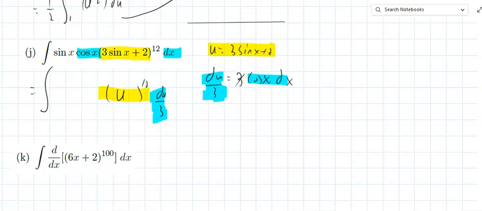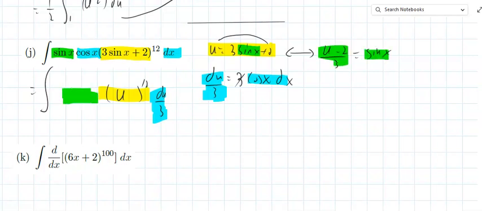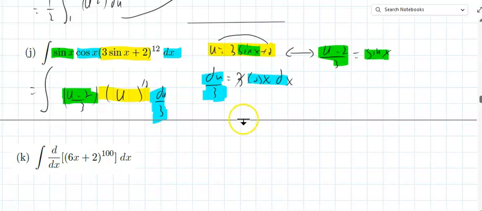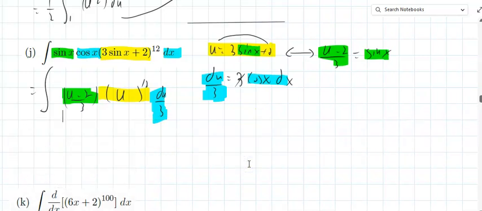And again, I'm left with a sine. I know what sine equals if I subtract 2 from both sides and divide by 3, I'll get what the sine of x equals. And in this case, I'm looking at 1 over 9 the integral.